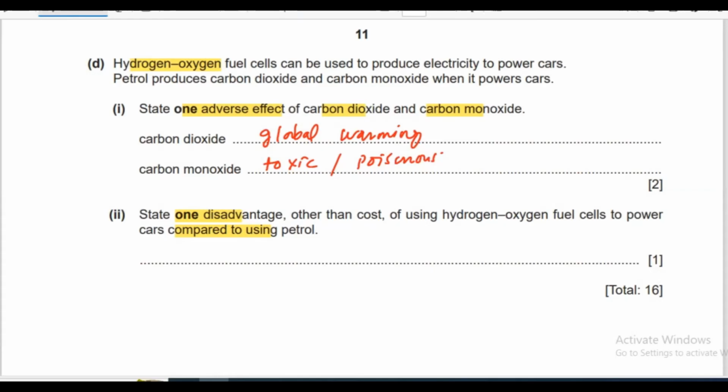Name one disadvantage, other than the cost, of using a hydrogen oxygen fuel cell to power cars compared to using petrol. There is a storage problem of hydrogen, because high pressure is needed to store hydrogen.